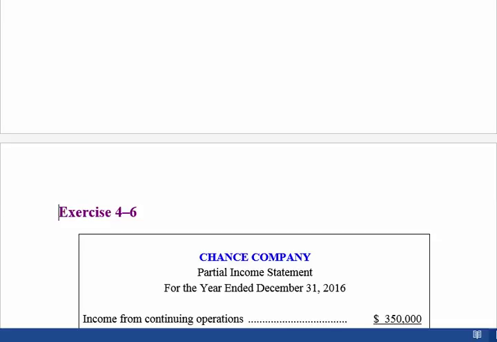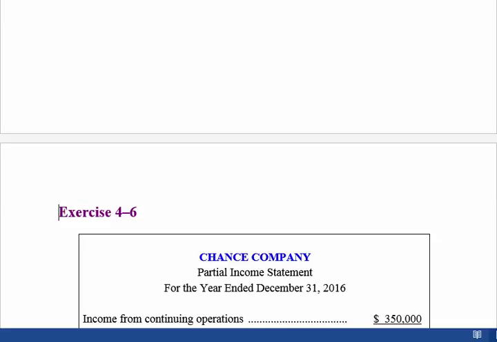They're disposing of it. The actual sale was completed later that year on December 15th, 2016 at a price of $600,000. So they sold off this segment's assets for $600,000. The book value of the division's assets was $1 million, which resulted in a before-tax loss of $400,000 on the sale.